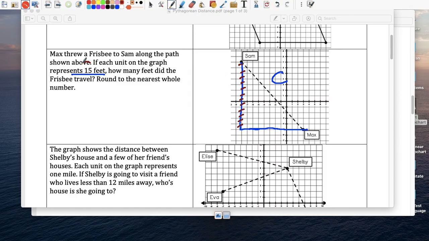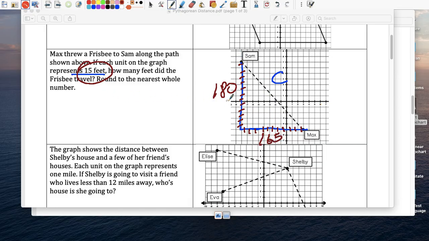It's 12, but each unit is 15, so 12 times 15 gives you 180. Horizontal, 1, 2, 3, 4, 5, 6, 7, 8, 9, 10, 11. And 11 times 15 gives you 165.